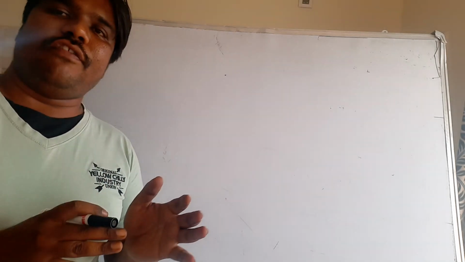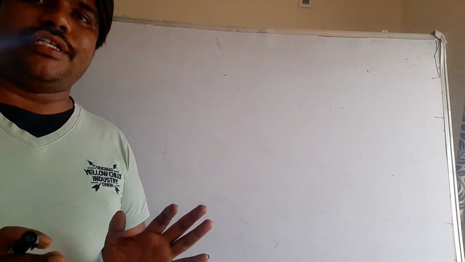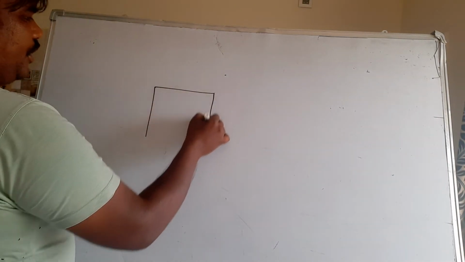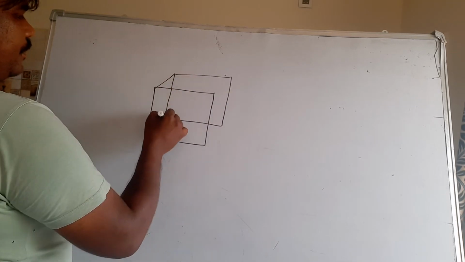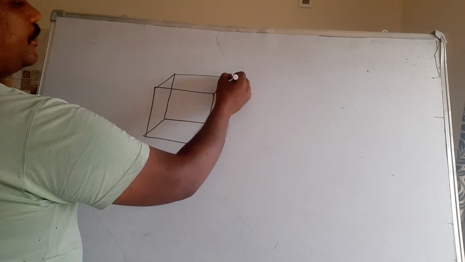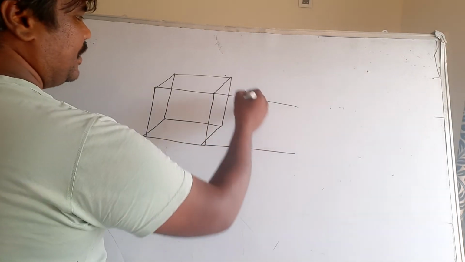Yes, here the contribution of each and every lattice point towards a unit cell is very important, students. Suppose you take here, this is one cube, which is attached to another cube like this.